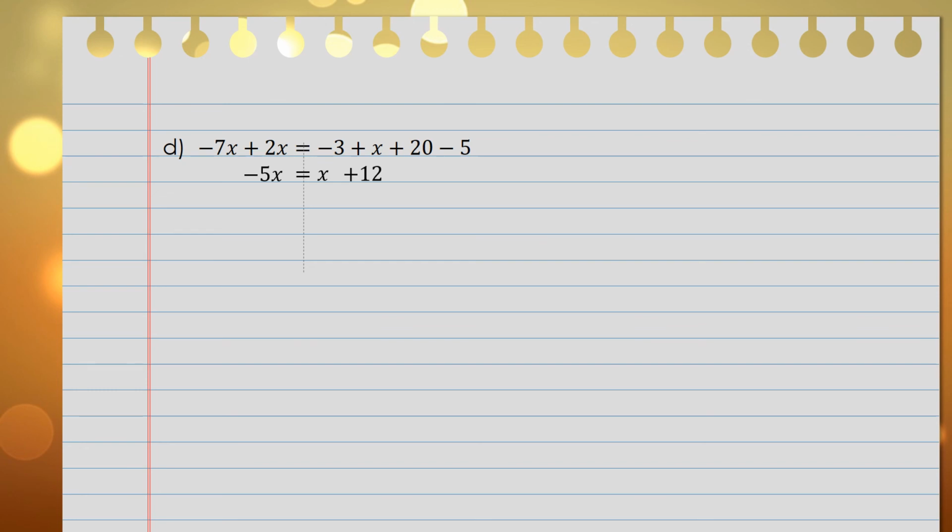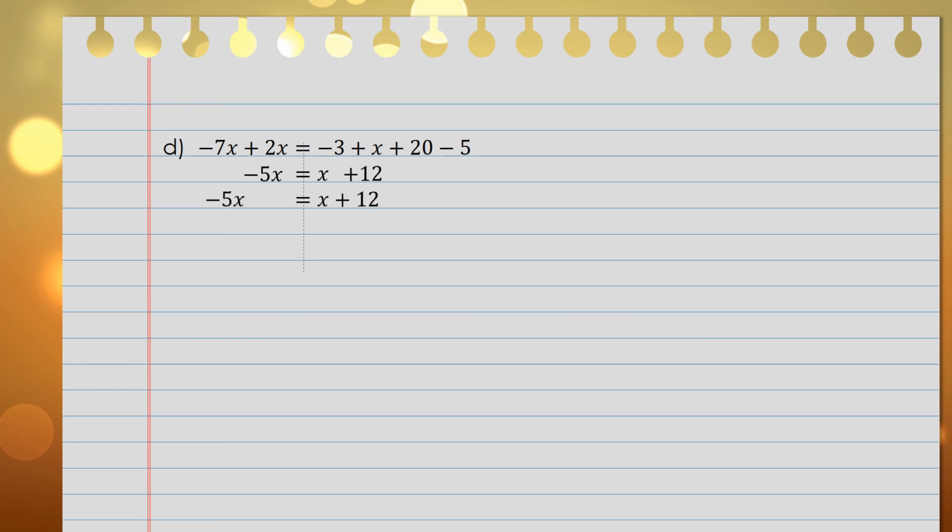Now step 2 says, if necessary, get your variables on the same side. Well, looking at the problem, notice we have x's on the left side and on the right side. So we have to get them on the same side. Let's try to move all x's to the left side of the equation. Well, that means the one on the right side, that x plus 12, we need to undo the operation of x.